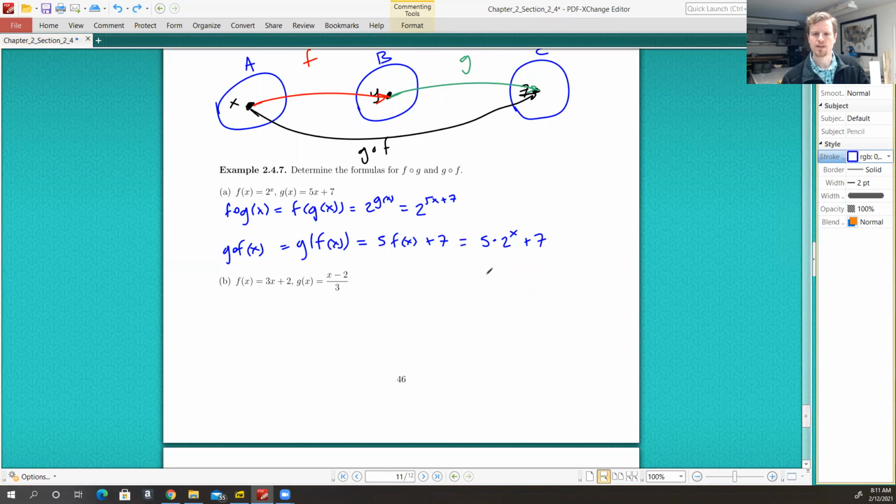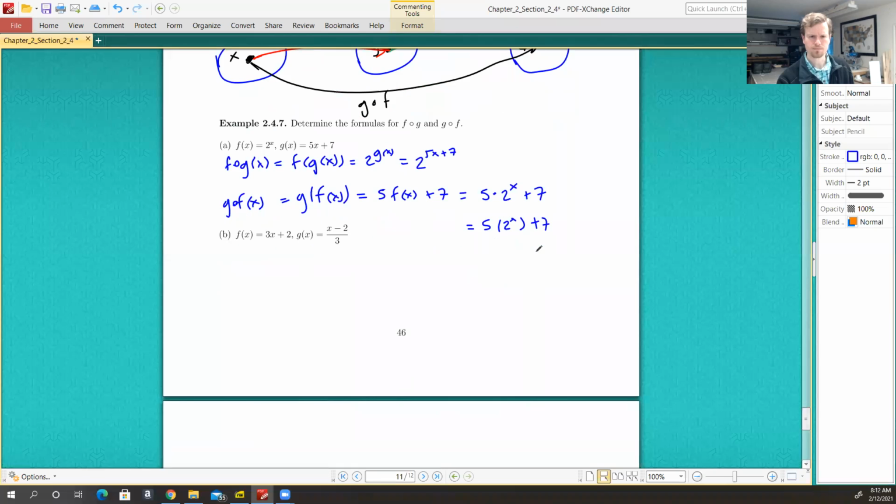Another way that we could do that is 5 times 2 to the x, although you could also put the x inside the parentheses. So there's options there, but you don't want to put the 5 next to the 2 without any notation. All right, so that's good.